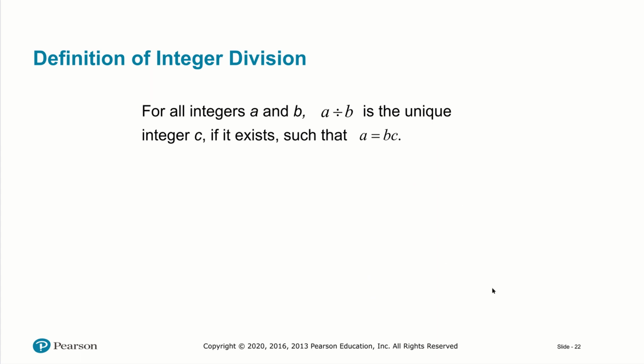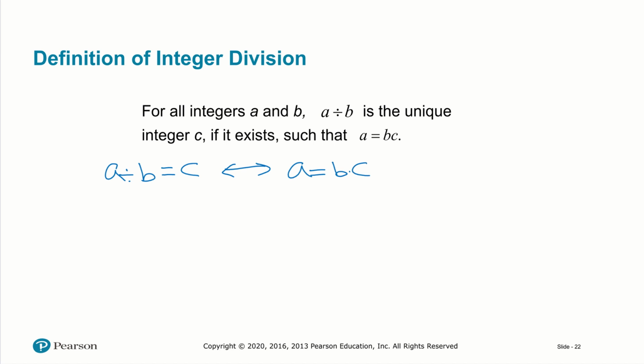Okay, as far as the definition of division is concerned, just as we defined subtraction in terms of addition, we're going to define division in terms of multiplication. Let's put this symbolically, it'll be easier to understand. We say a divided by b is some integer c if and only if a is equal to b times c.